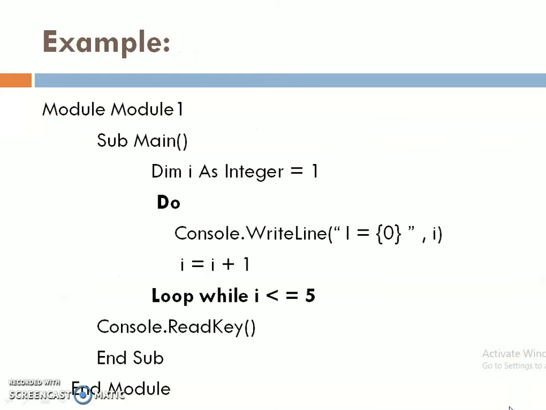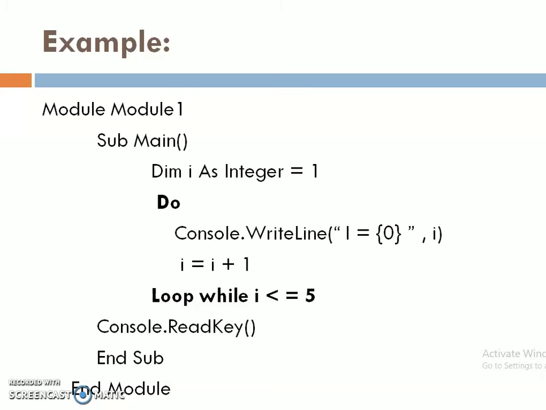Now the example of do loop while is: we print 1 to 5 numbers using do loop while. We take a variable I whose data type is integer and give the value 1, the starting value to print 1 to 5 numbers. Then we write do while loop.